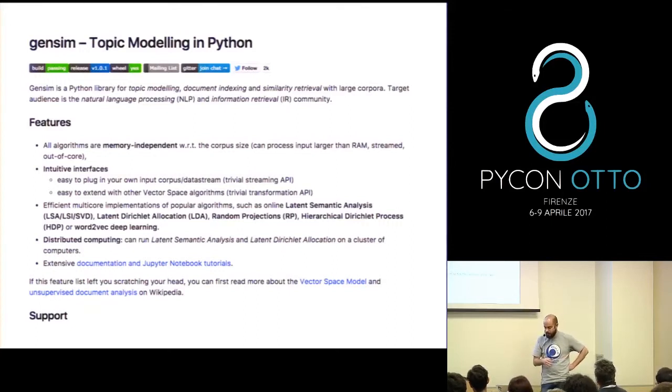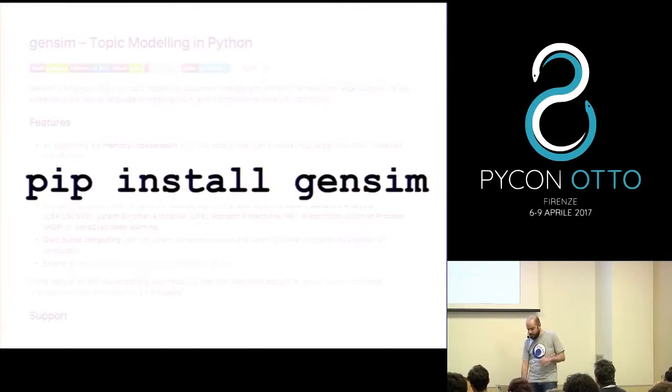So the punchline for them is topic modeling for humans. So it's very, very easy to use. And this is just a screenshot of their GitHub page. To get started, basically pip install gensim, or if you prefer, conda install gensim, and you're good to go.